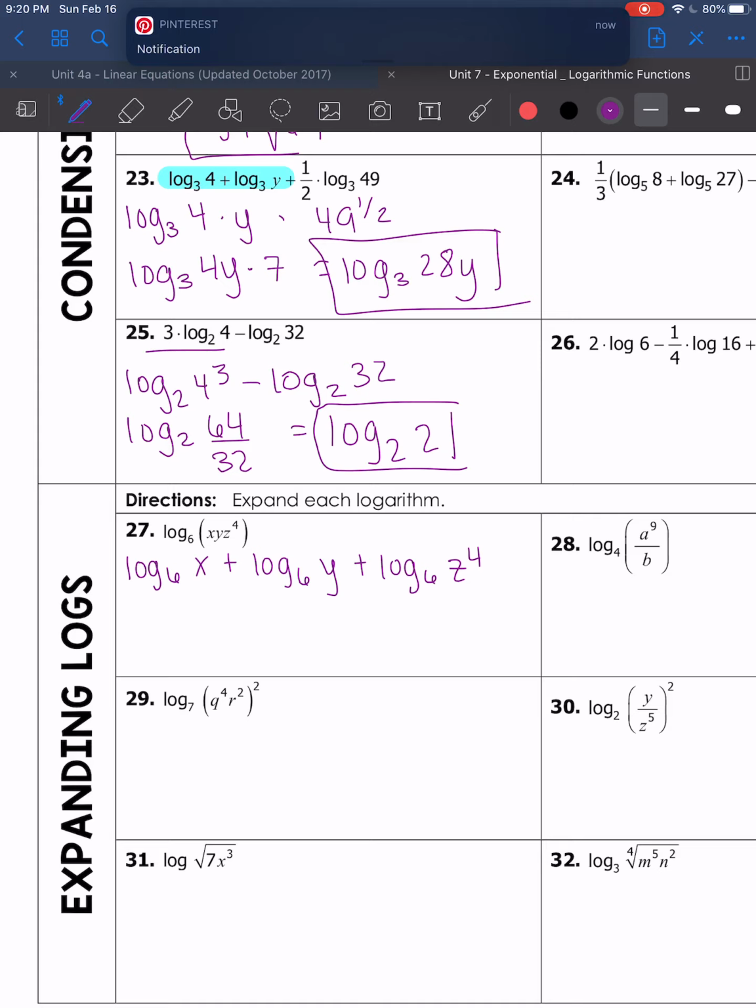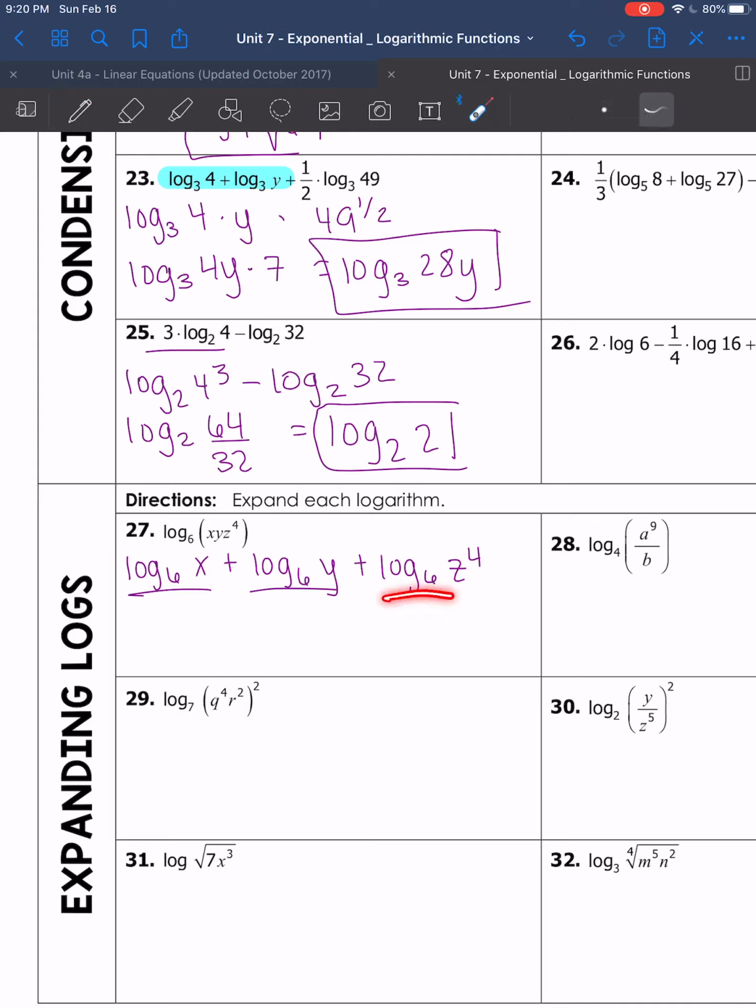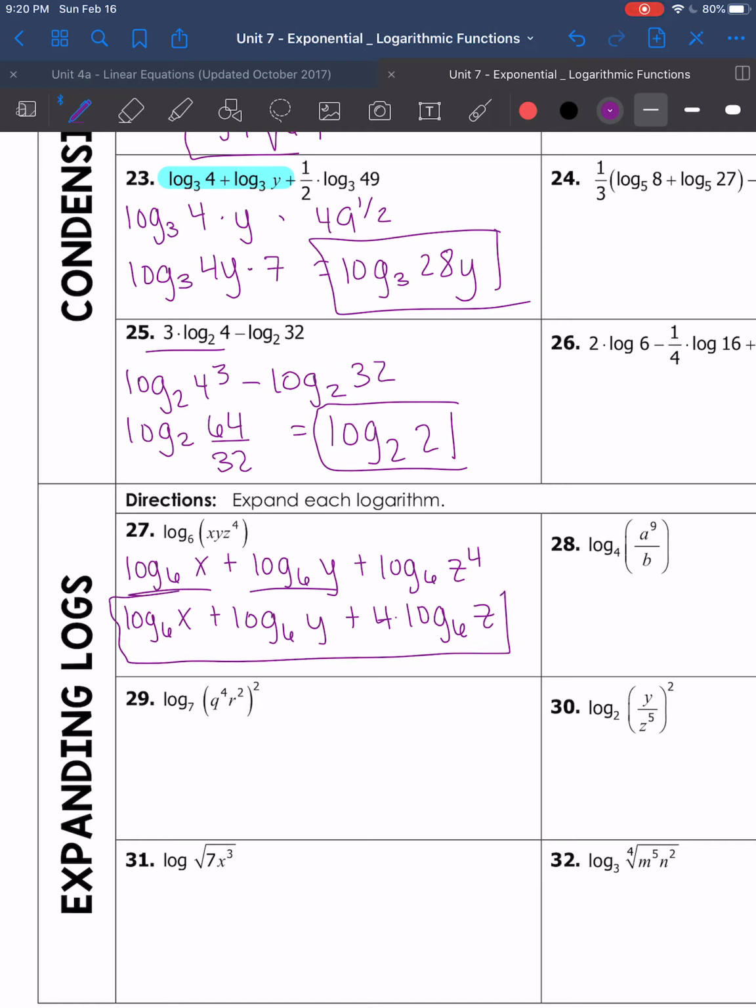So these two on the left side over here are fine, but then I'll deal with this one, this guy here, with my power property. So I have log base 6 of x, they just hang out, log base 6 of y, plus 4 times log base 6 of z. So that's how you expand that logarithm.